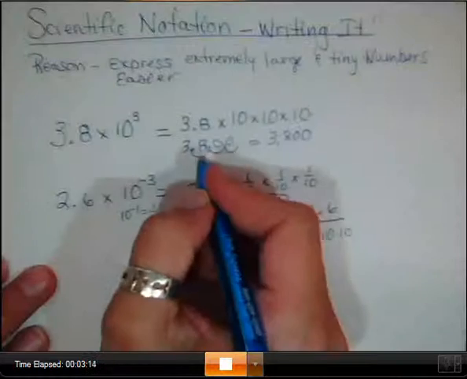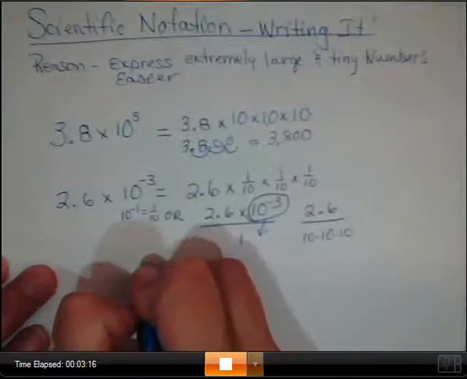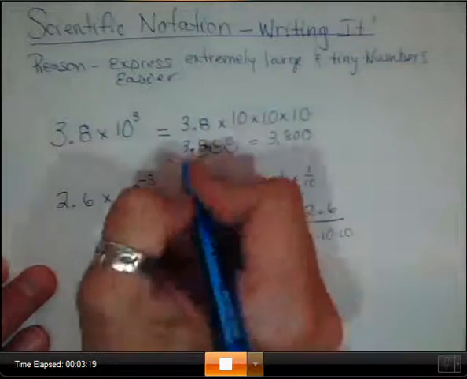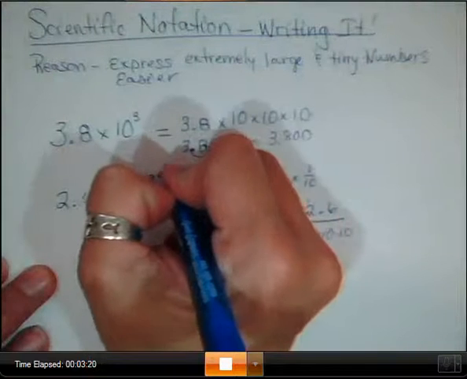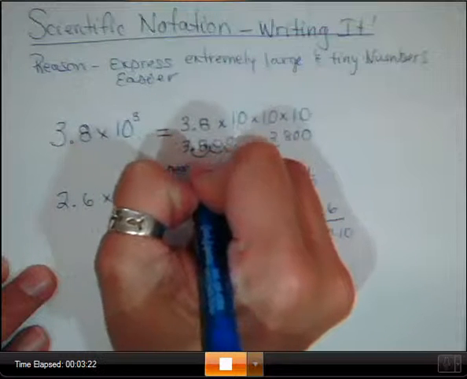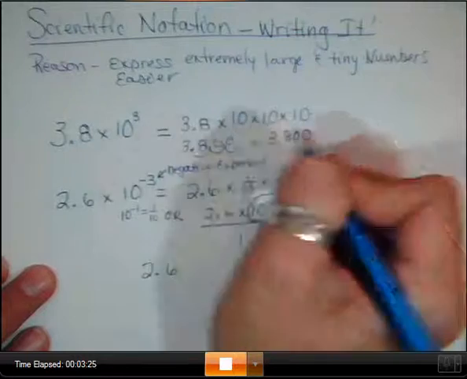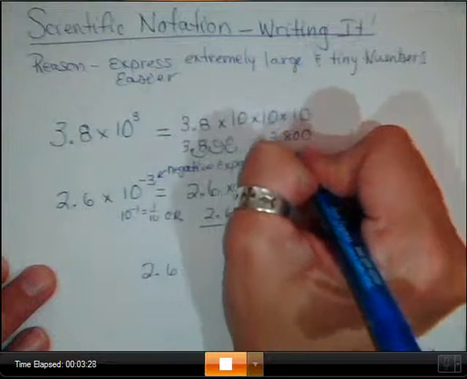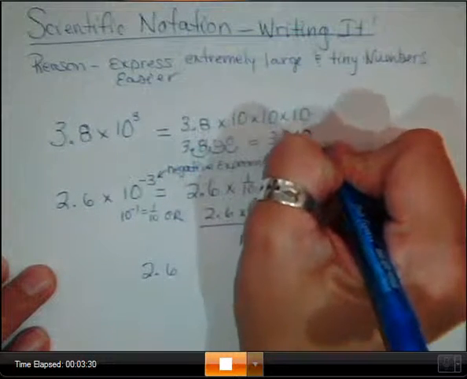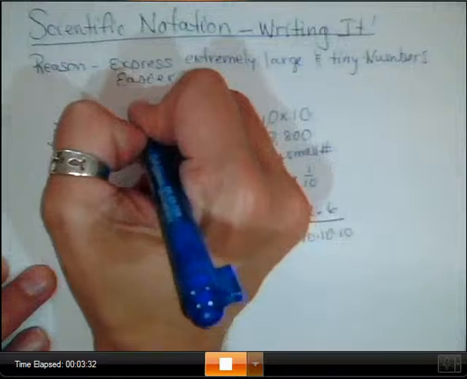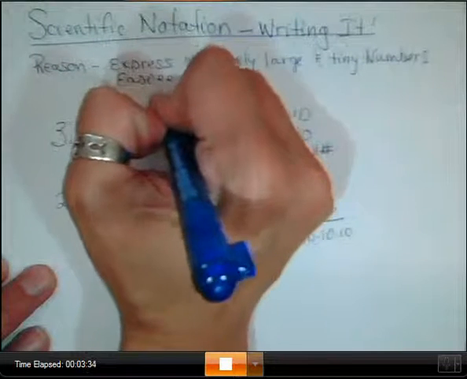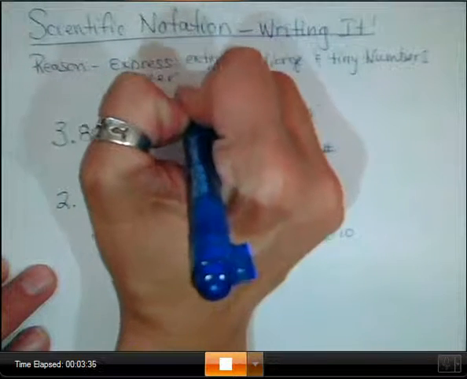So if we use the little loop-de-loop method, we need to make that smaller. A negative exponent is going to require us to divide, so it's going to be a small number. A positive exponent is going to be a large number.